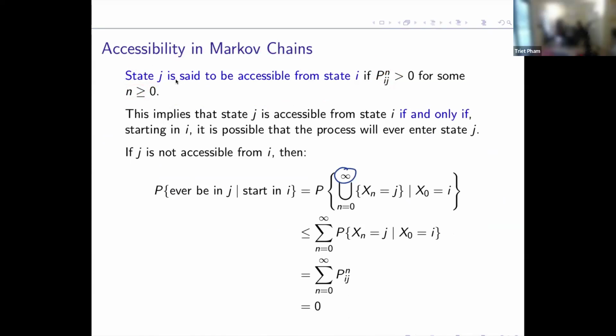It doesn't matter how long, as long as you end up there. And so the notation here will be i → j, meaning j is accessible from i.